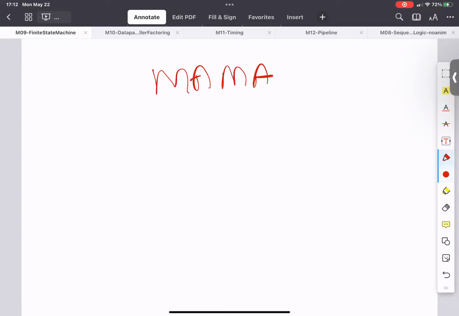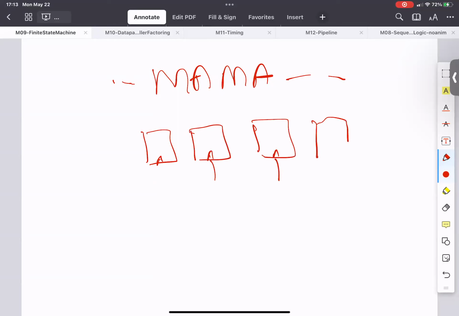I can create a state machine and detect M, A, and so on, in the classical way. But for these kinds of problems, where I'm detecting patterns, another way I could do it is the following. I can create a chain of flip-flops.